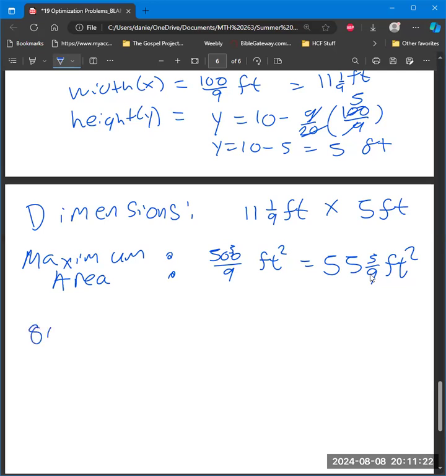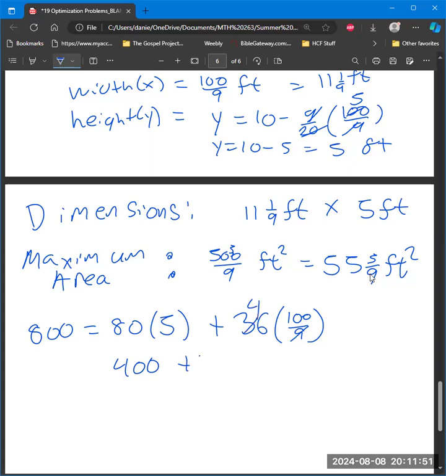Let's check. 800 equals 80 times y plus 36 times x, which was 100 over 9. So this is 400. This is 400. And that gets me exactly to my budget of $800. Perfect. So there's my dimensions.